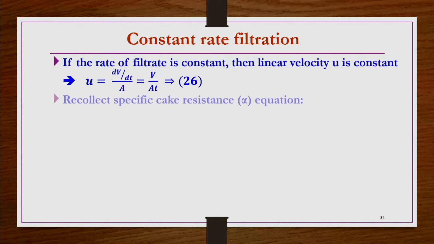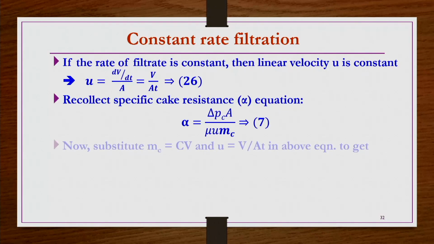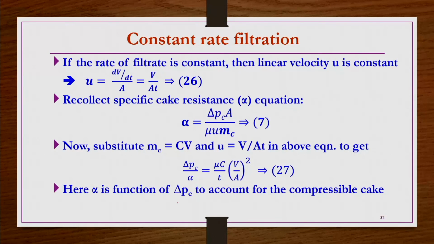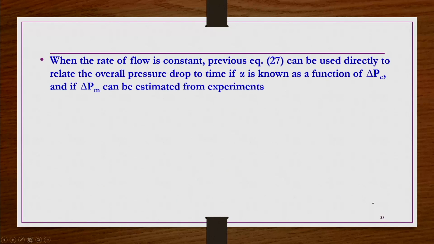And then for alpha, we have the equation alpha is equal to delta Pc A by mu u mc. In this equation mc you can substitute as cV, and u you substitute as V by A t, then we get delta Pc by alpha is equal to mu c by t, V by A whole square. Here alpha is a function of delta Pc to account for the compressible cake.